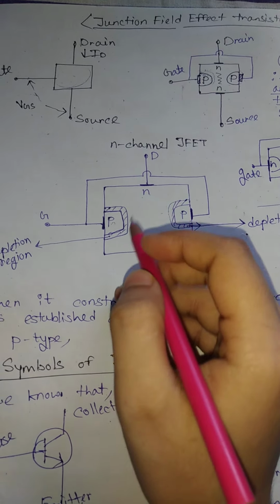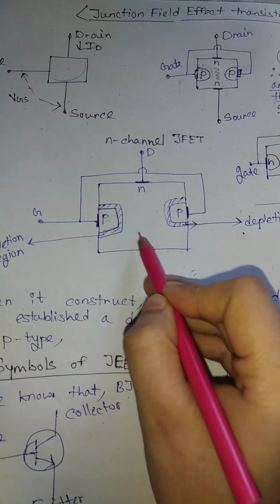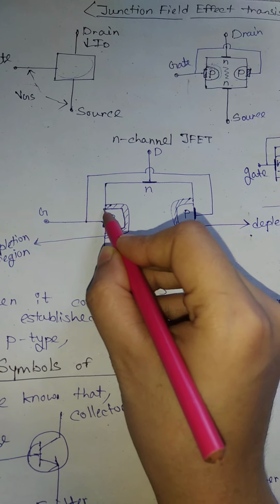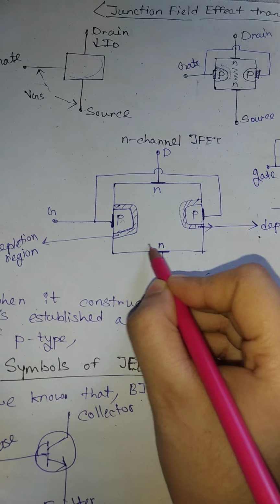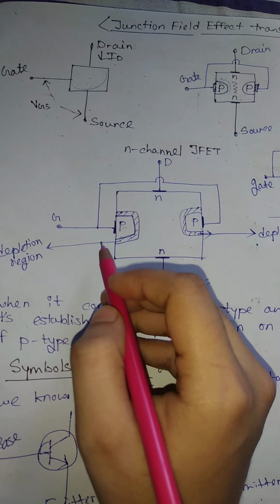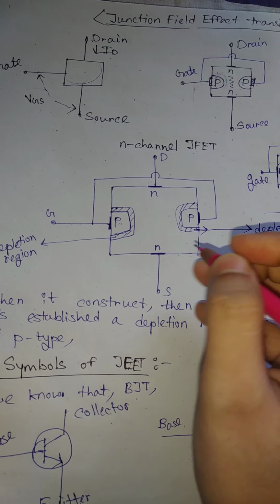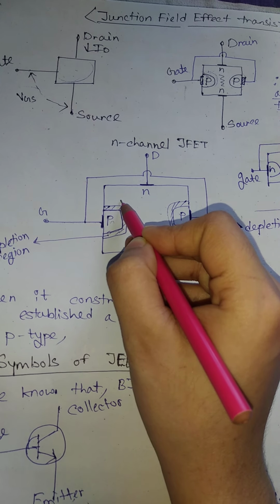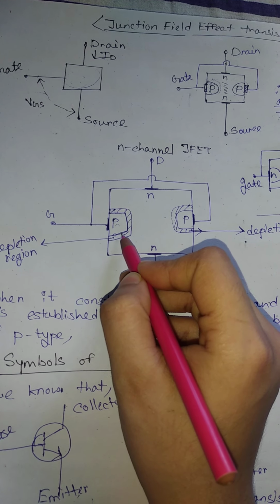So let's see, this is the P side, and the whole block is the N side. These two sides are P side only, and all of these are N sides. When we apply a power supply, or when it is constructed, a depletion layer is normally established at the PN junction.